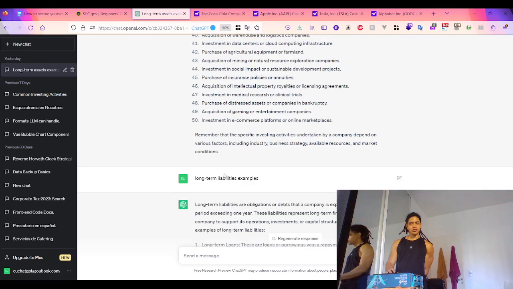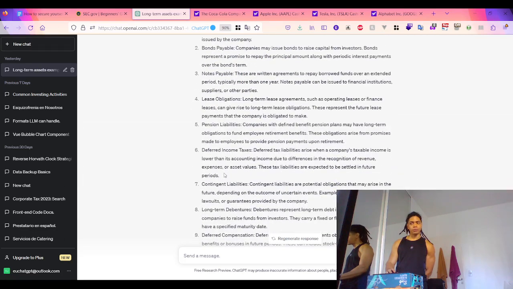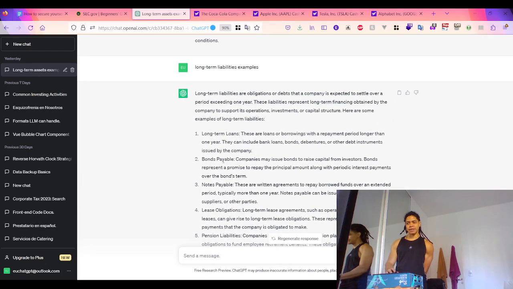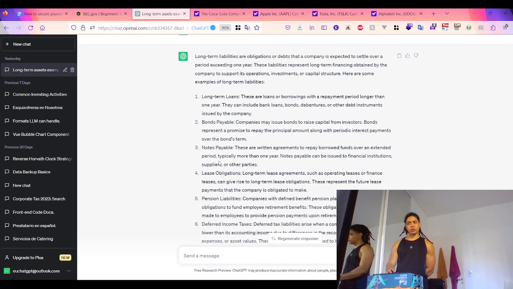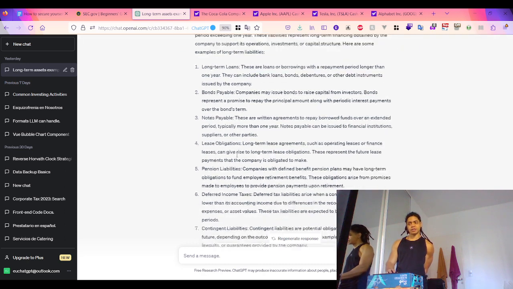These long-term liabilities are agreements to repay borrowed funds over an extended period, typically more than a year. Notes payable can be issued to financial institutions, suppliers, or other parties.